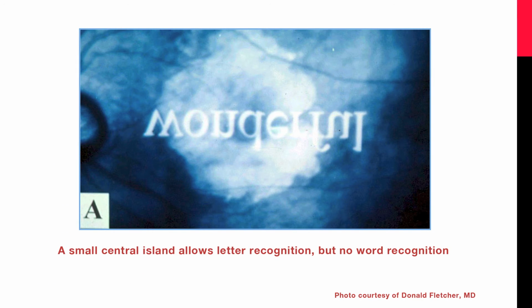Here you see a word projected on a ring scotoma. The word wonderful, it's upside down because the image on the retina is upside down. That patient could see that central letter clearly, but he could not read the word as a whole.